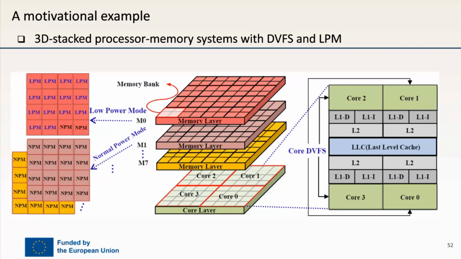In scenario 2, we put the first 14 memory banks into the low power mode, and we set the core frequency to 4 gigahertz.